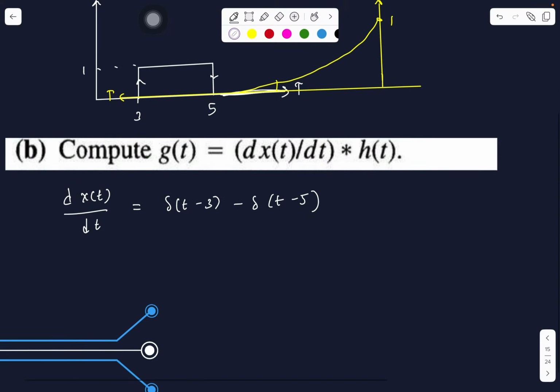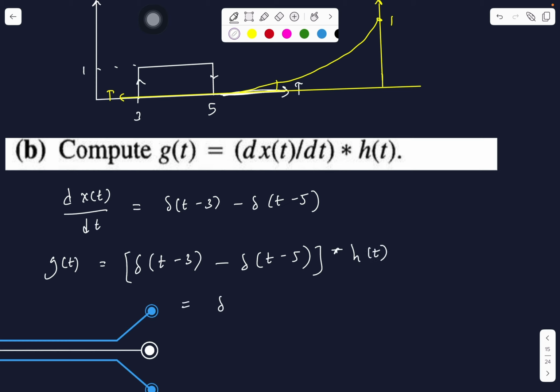Then we compute g(t), so we convolve this with h(t). So we use the distributive property. It's going to be delta(t minus 3) convolved with h(t) minus delta(t minus 5) convolved with h(t).